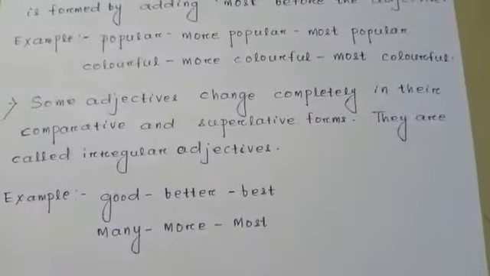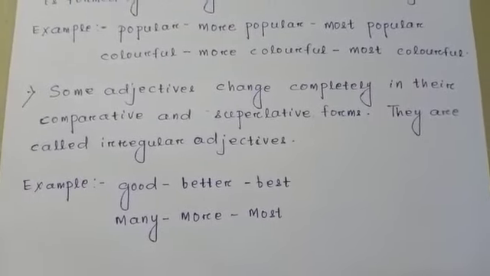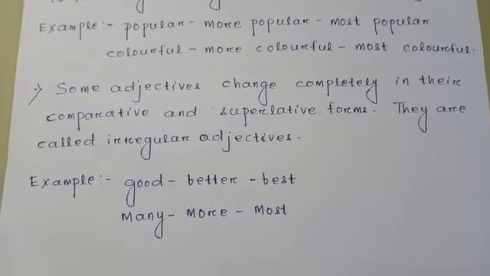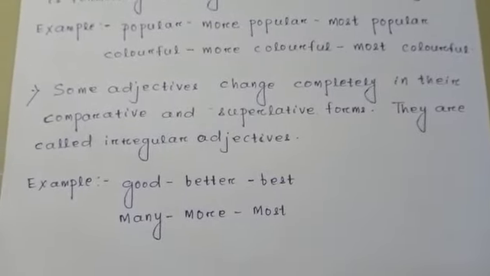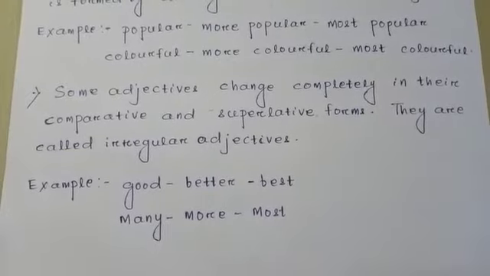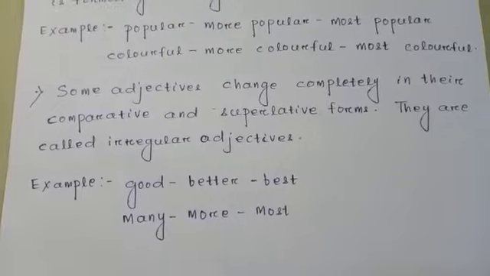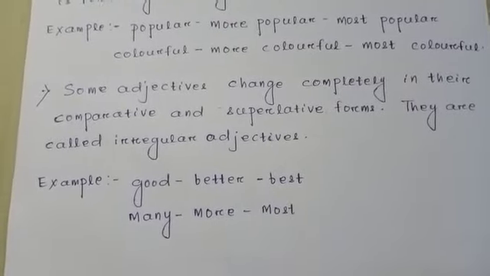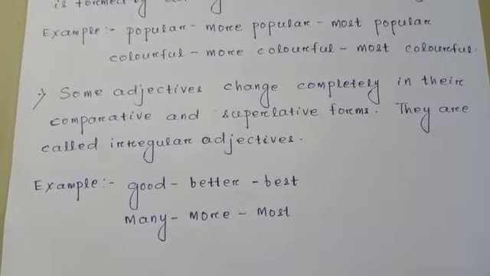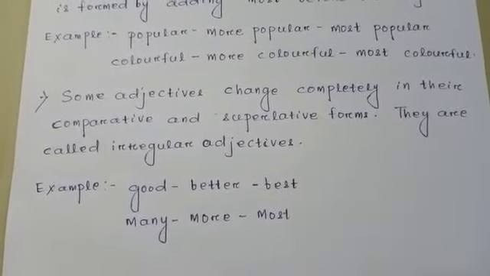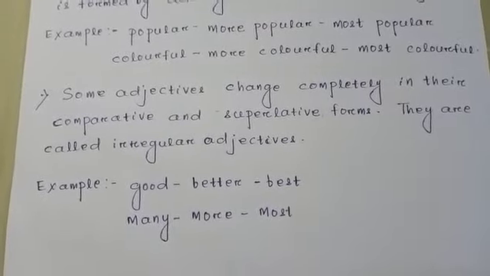Some adjectives change completely in their comparative and superlative forms. They are called irregular adjectives. There are certain adjectives which change completely in their comparative and superlative degrees. These are known as irregular adjectives, because they don't follow the regular rule of adding er and est or more and most.